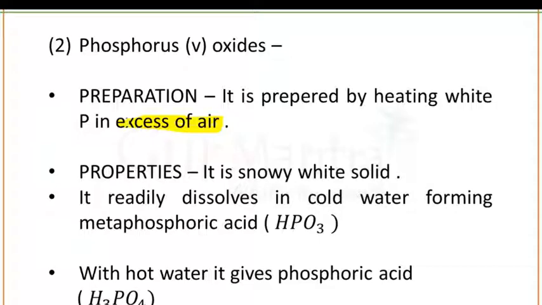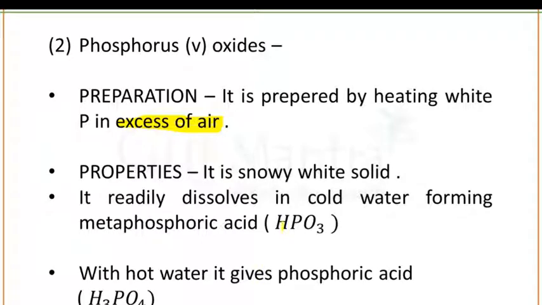If we talk about the properties of phosphorus pentoxide, it is a snowy white solid. It readily dissolves in cold water, forming metaphosphoric acid, that is HPO3. While when you react this phosphorus pentoxide with hot water, it will give phosphoric acid, that is H3PO4.